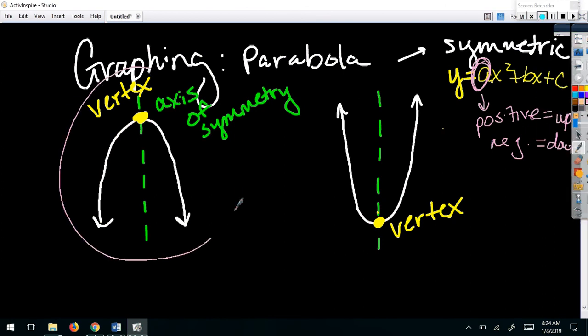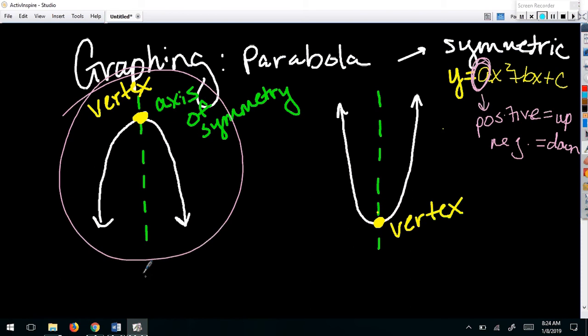So this first graph, a is negative, right? Less than 0 means it's negative. And the second graph, a is positive. Does that make sense to everybody? Yes, Ms. McGee. Some of you are shaking your head. Okay, thank you.